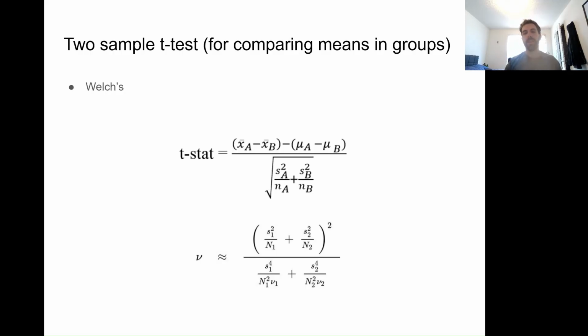The difference here is because there's two groups, there's two different standard deviations, and what you're doing here is you're pooling the standard deviations and you're weighting them by the size of the groups to calculate kind of like a pooled standard deviation. That's a little bit of the intuition behind what's going on with Welch's test.